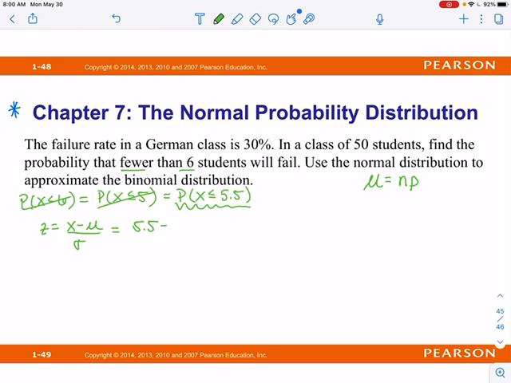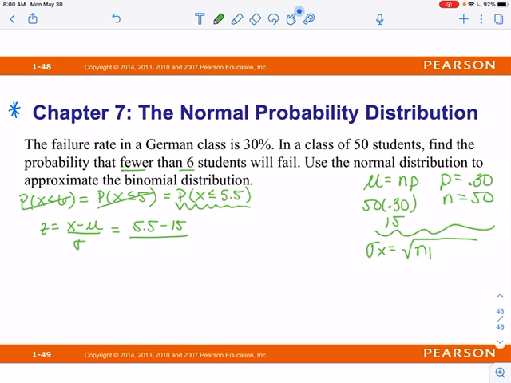Our p here is 0.30 and n is 50, so our mean is 50 times 0.30, which is 15. I also forgot to do the standard deviation. That's the square root of n times p times 1 minus p, or the square root of 50 times 0.3 times 1 minus 0.3. When you do that, it should come out to 3.24.